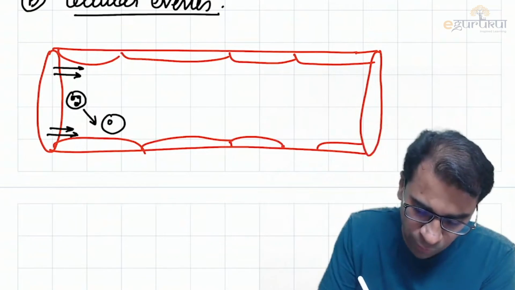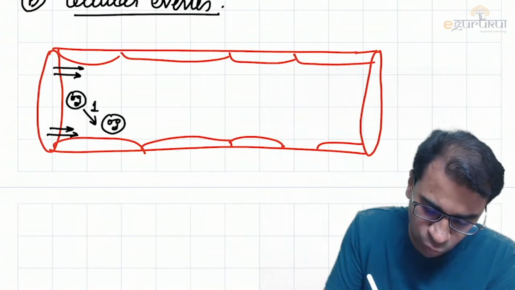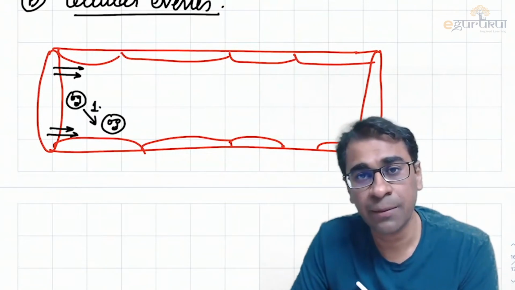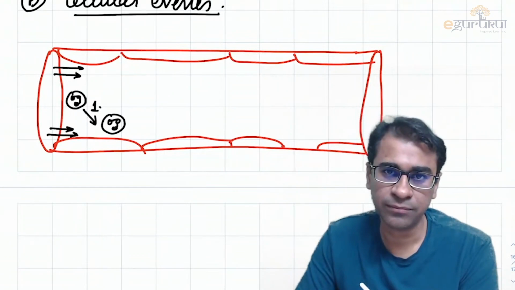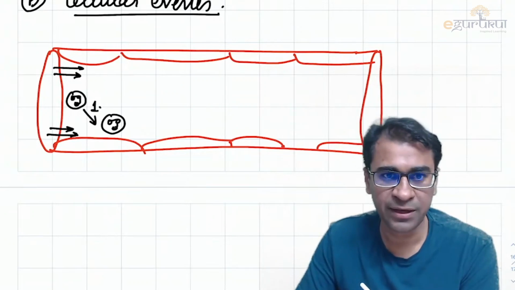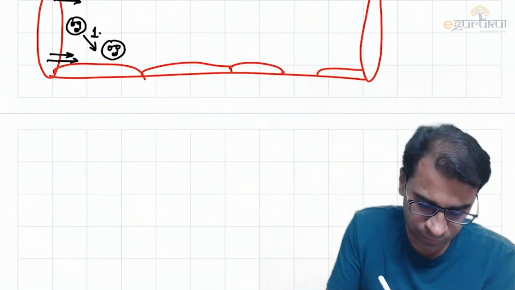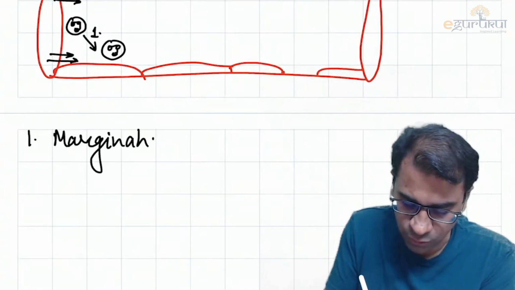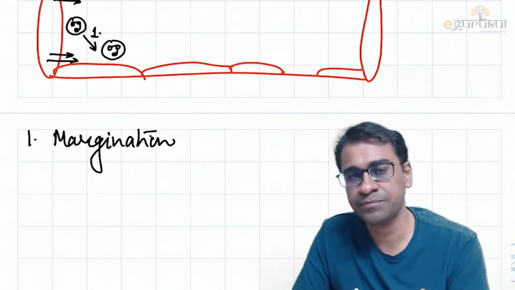This cell when moving to the margin, this first movement is called margination. The first movement of the cells towards the margin is called margination.